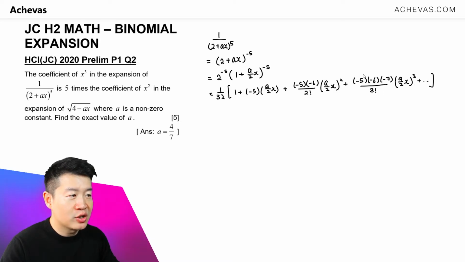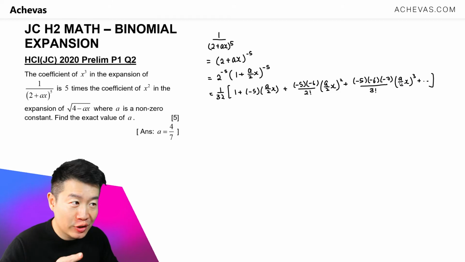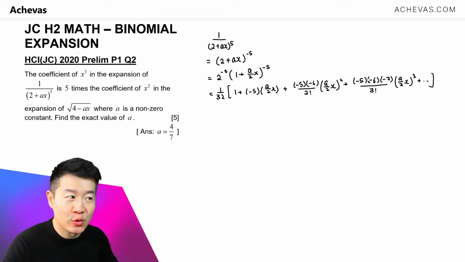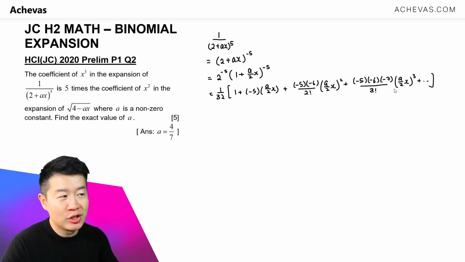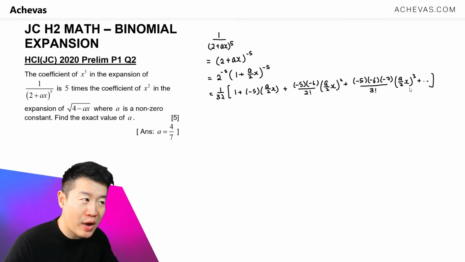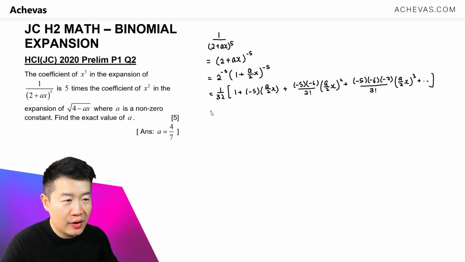Our aim is actually just to get the coefficient of x to the power of 3. So it is actually not necessary, and I believe for some of you, you don't actually have to do the entire expansion to extract out the coefficient of x to the power of 3. So go ahead if you can just do this directly without doing the full expansion. Anyway, I've already done the entire expansion, so let me just write it down for you.